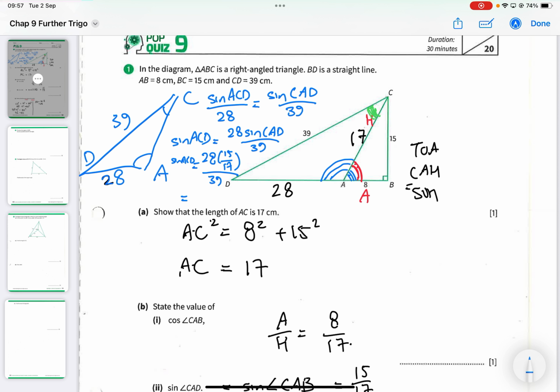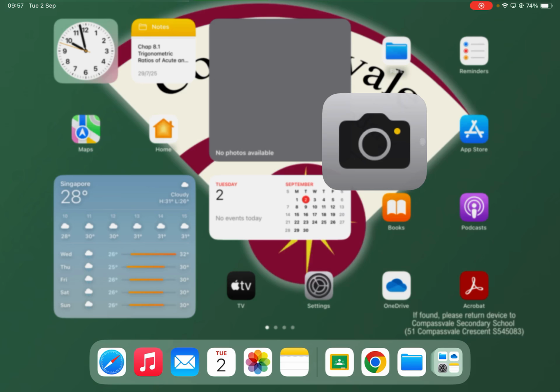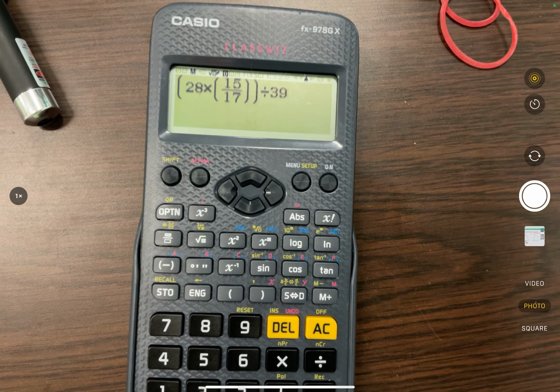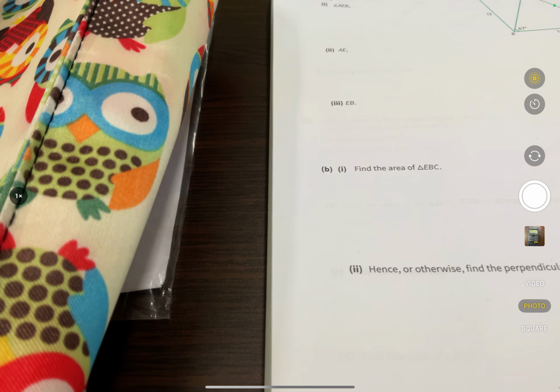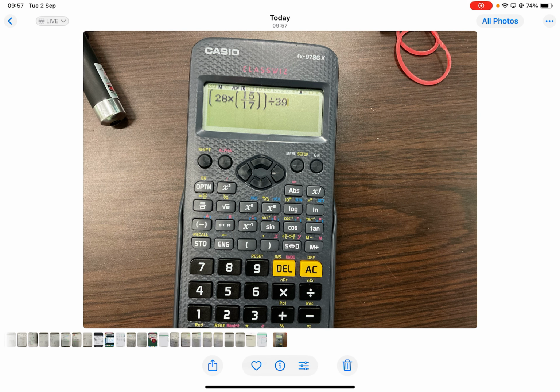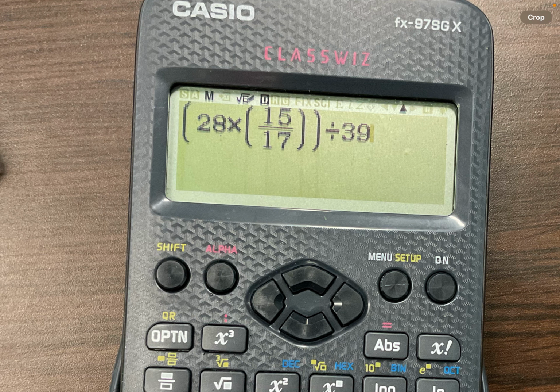28 multiply 15 over 17. Then this whole thing divided by 39. Okay? 28 multiplied by sine CAD.